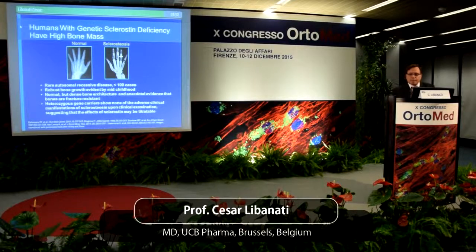At the center of the story of sclerostin inhibition is an experiment of human nature. Through the characterization of a few hundred individuals in the world who were identified because of their phenotype, which as seen in this slide is characterized by increased bone formation, thick bones, and an historical resistance to fracture, the discovery of sclerostin came about.